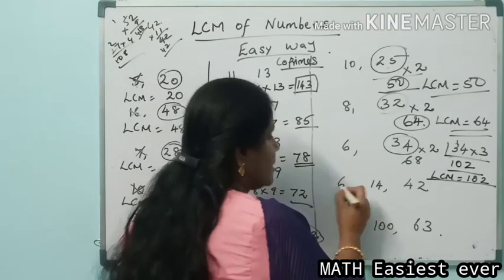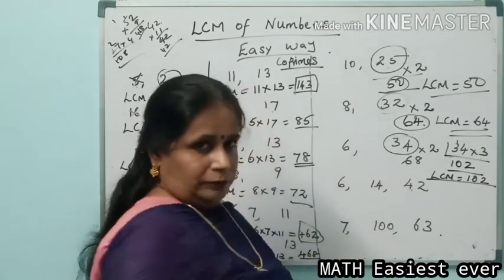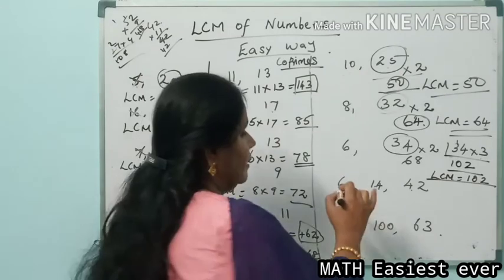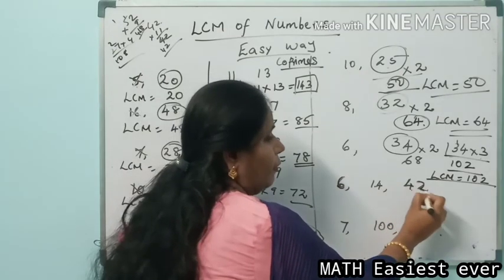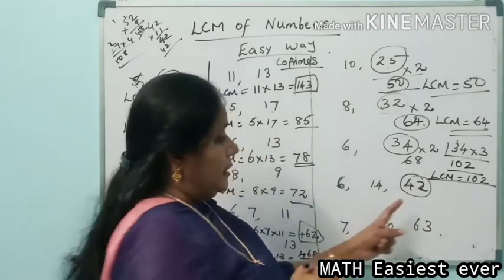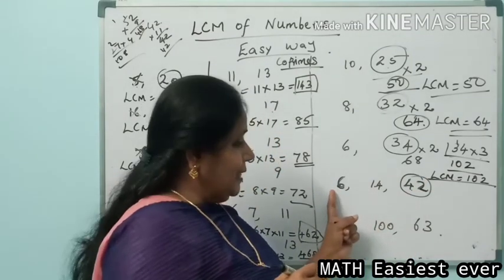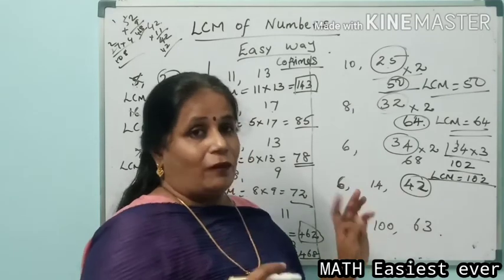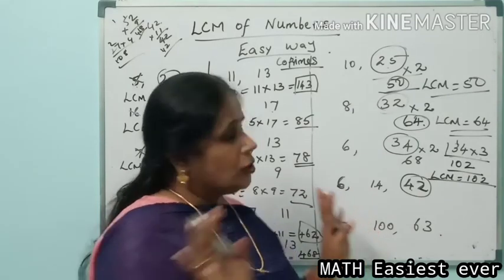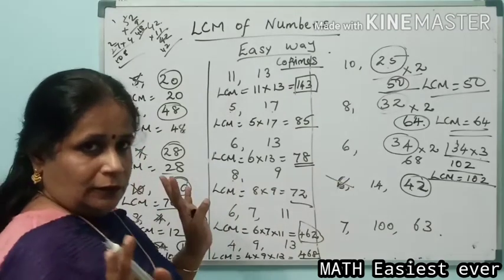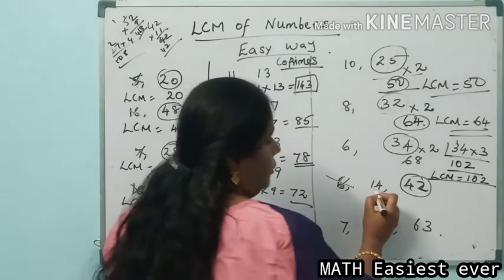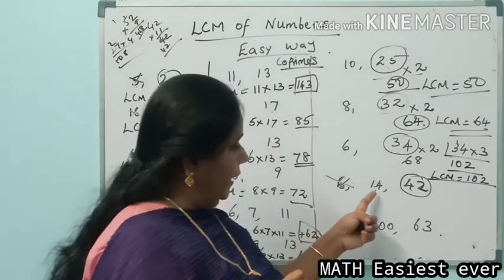See, 6, 14 and 42. Here, if you take 6 and 42, which is the bigger number? 42 is the bigger number. Now take the smallest number 6. 6 divides 42, isn't it? So, like this, we can cut off the 6. Now, we are going to see the next number, 14.